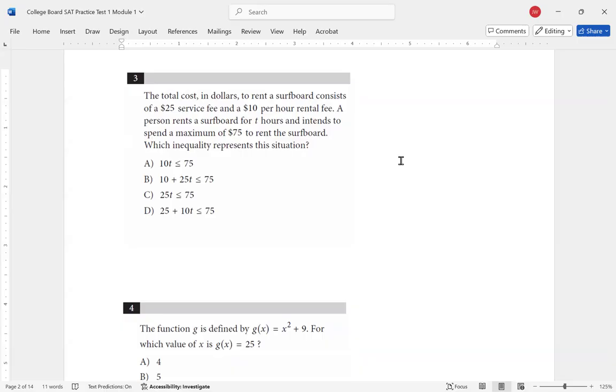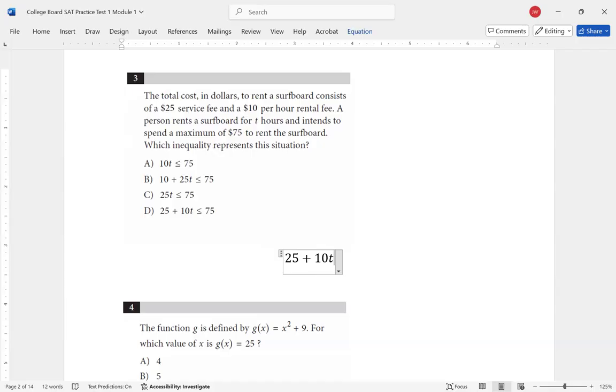Which inequality represents this situation? So what I would do is I would start out with the cost. The cost is a $25 service fee plus $10 times the number of hours that we rent it for. So 25 plus 10T is the cost.